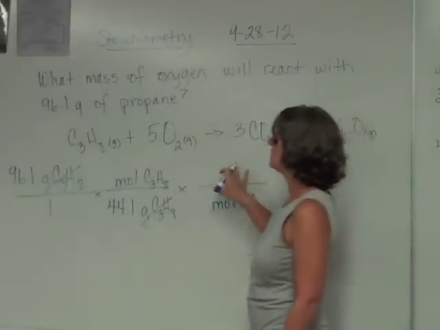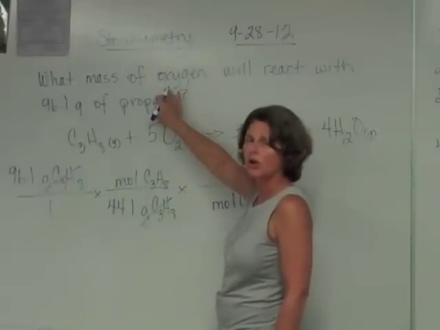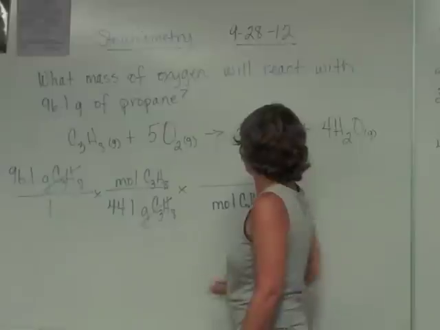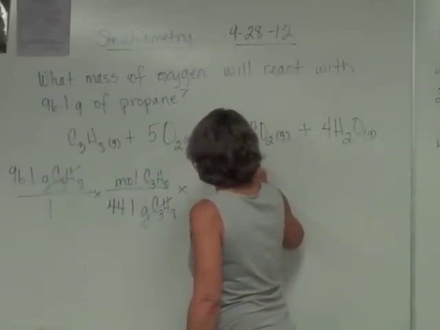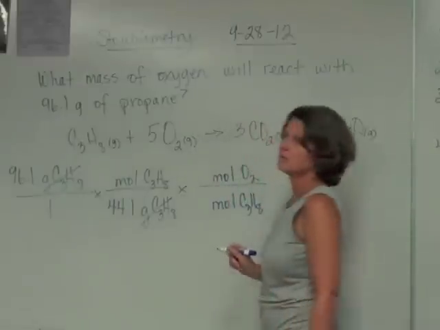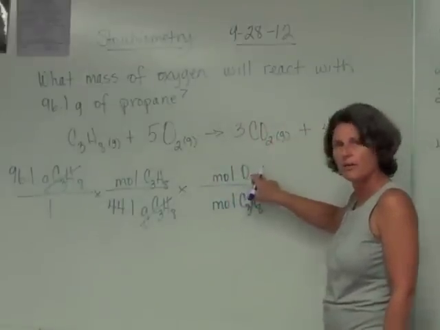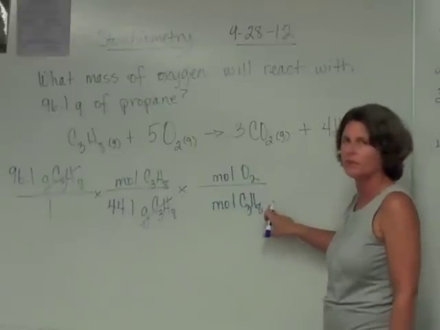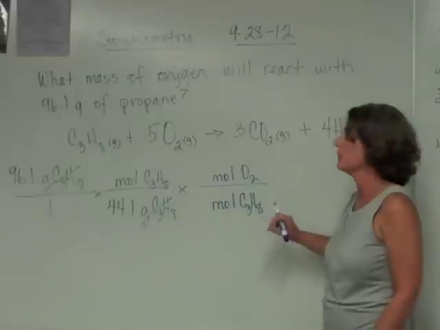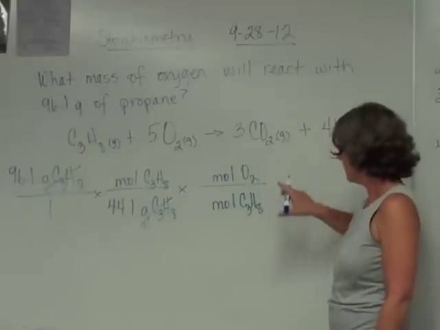And what am I looking for? I'm looking for oxygen. Oxygen is unknown. And so I'm going to put moles of O2 in my numerator. That's my unknown. That's what I'm looking for. This is my known or my given. Always, people: unknown is in the numerator of your mole ratio.